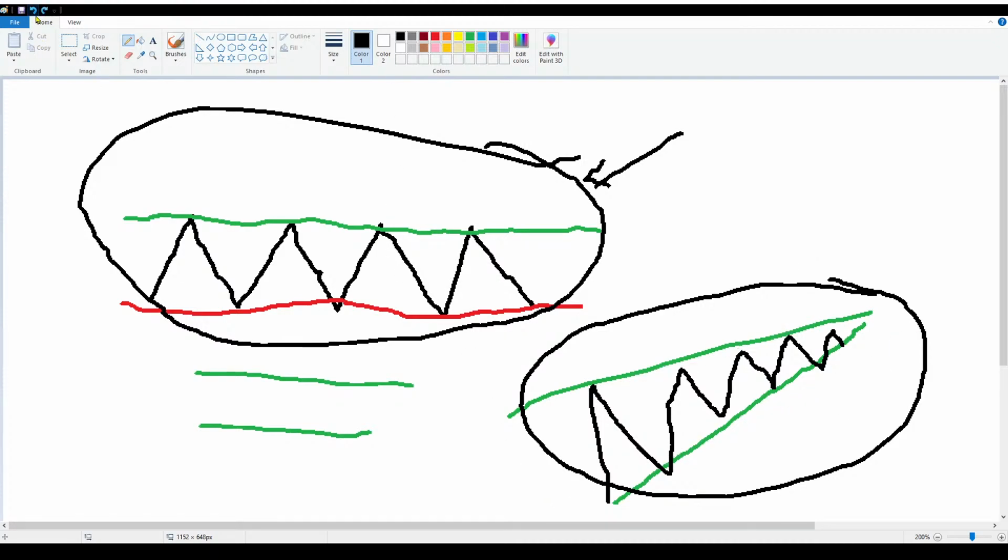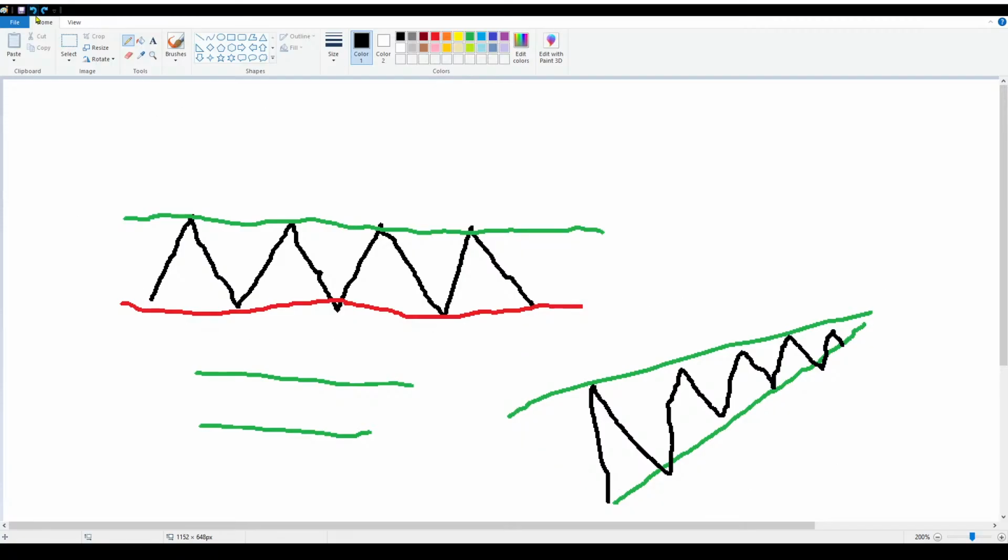Okay. So they have the same concept. So when the price reaches the top trend line, we regard that as a resistance, and then when the price reaches the bottom trend line, we regard that as a support. Okay. So that's how we typically analyze and interpret that type of price behavior.